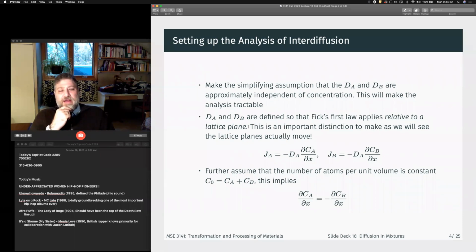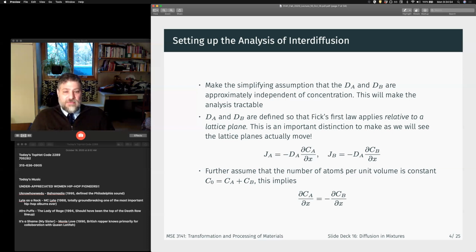And what I mentioned before is that these diffusivities are defined so that Fick's first law applies relative to an individual lattice plane, right? This is important because as I mentioned before, and we're going to talk about in detail, the lattice planes actually move. So we say relative to a lattice plane and not relative to a spot on the sample.